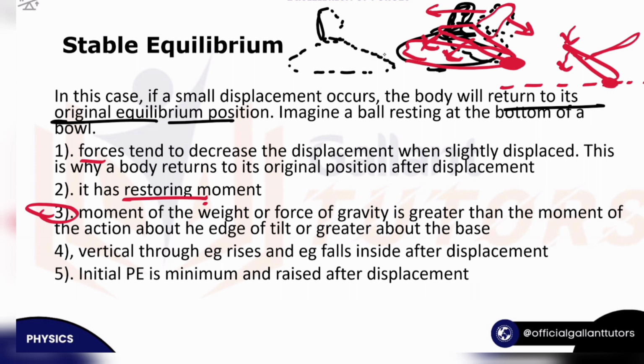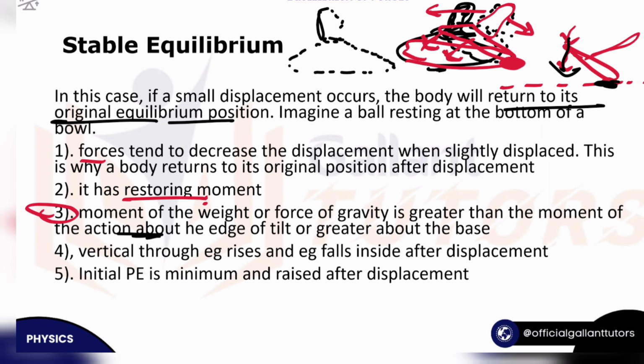If the moment of force is greater here, what do you think will happen? It will go in this direction, isn't it? Exactly. That's what this statement is trying to say: moment of the weight or force of gravity is greater than the moment of the action about the edge of tilt, or about the base.